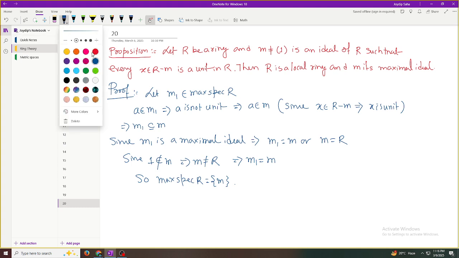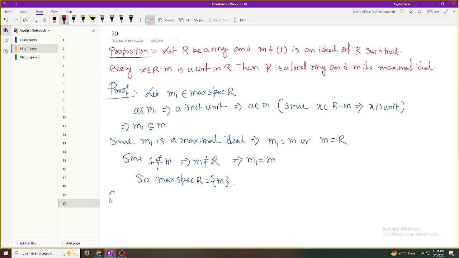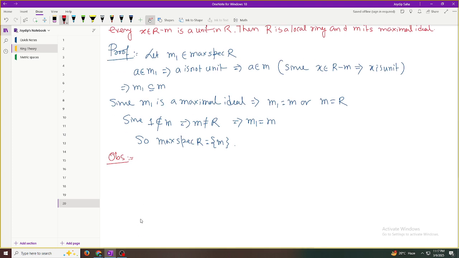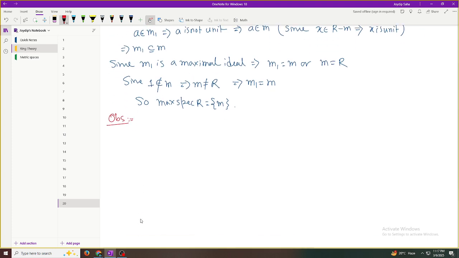Observation 2. Why is a local ring important? Local rings are so important because in future, whenever you go to algebraic geometry or something, some things you have to see locally.